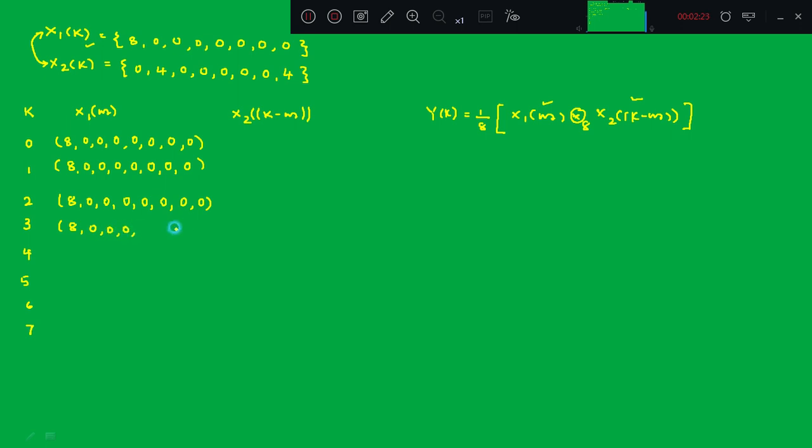I am not altering the first sequence, only you have to shift circularly the second sequence.